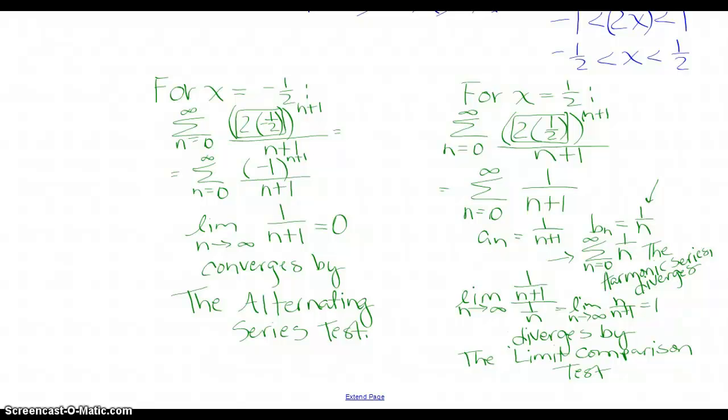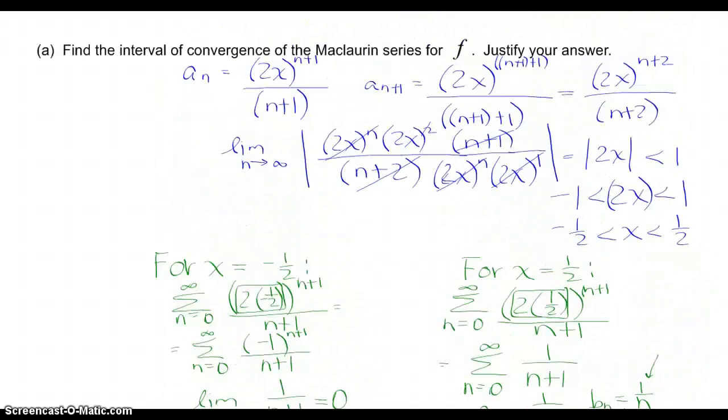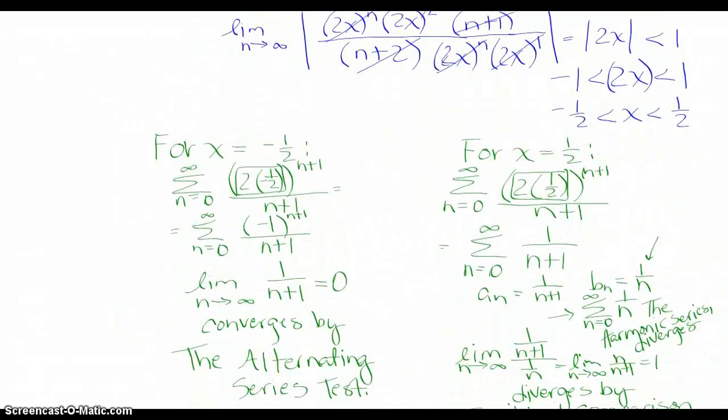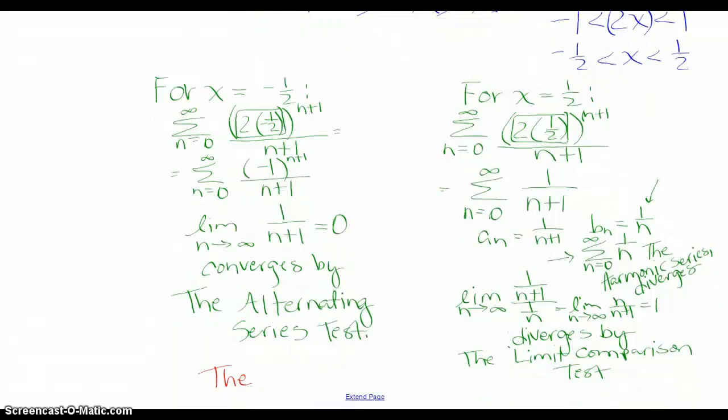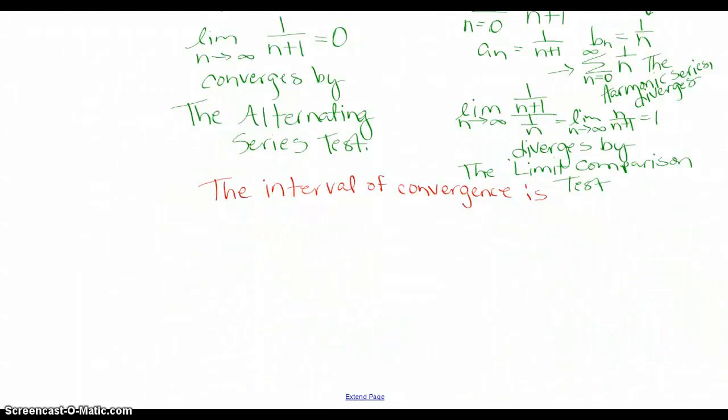And our answer to the question is, and did they call it convergence set or interval? Interval of convergence. The interval of convergence is, we'll extend the page here, we went from -1/2 to 1/2.